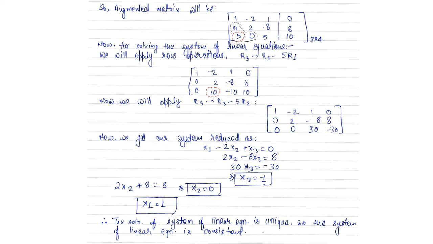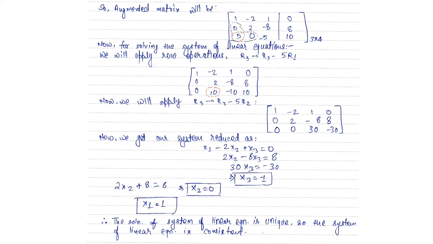After multiplying by 5 and subtracting, 5 minus 5 becomes 0, 0 minus 10 becomes minus 10, minus 5 minus 5 becomes minus 10, and 10 minus 0 is 10. So we have made this place 0, but in the process another entry becomes minus 10.